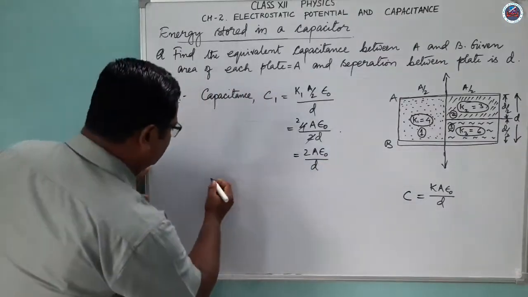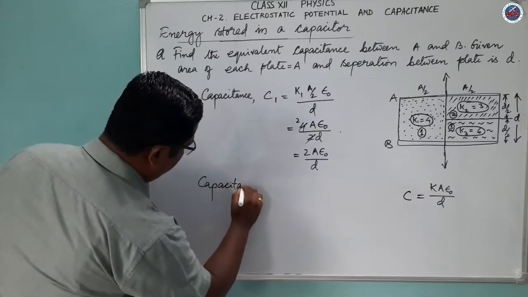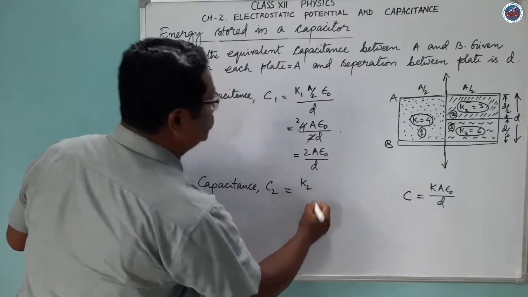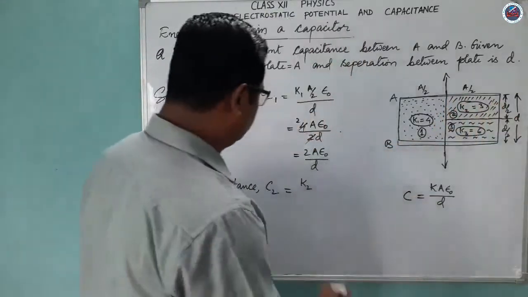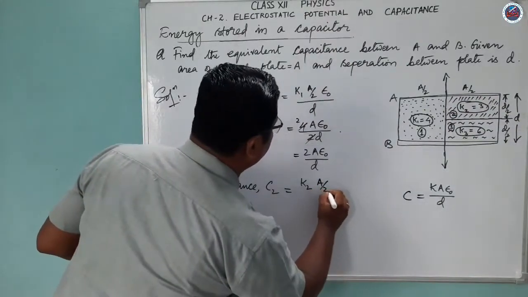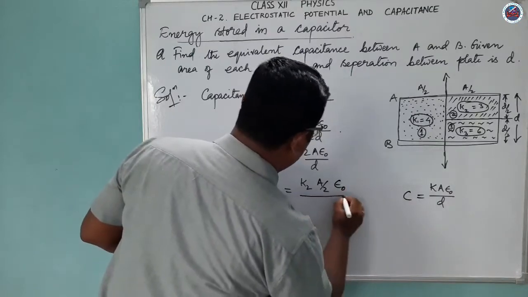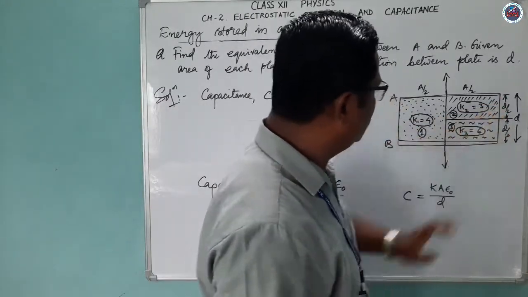Like that, capacitance C2 is equal to K2. This is K2. Area of the plate is A by 2, epsilon naught divided by the distance of separation, from here to here it is D by 2.